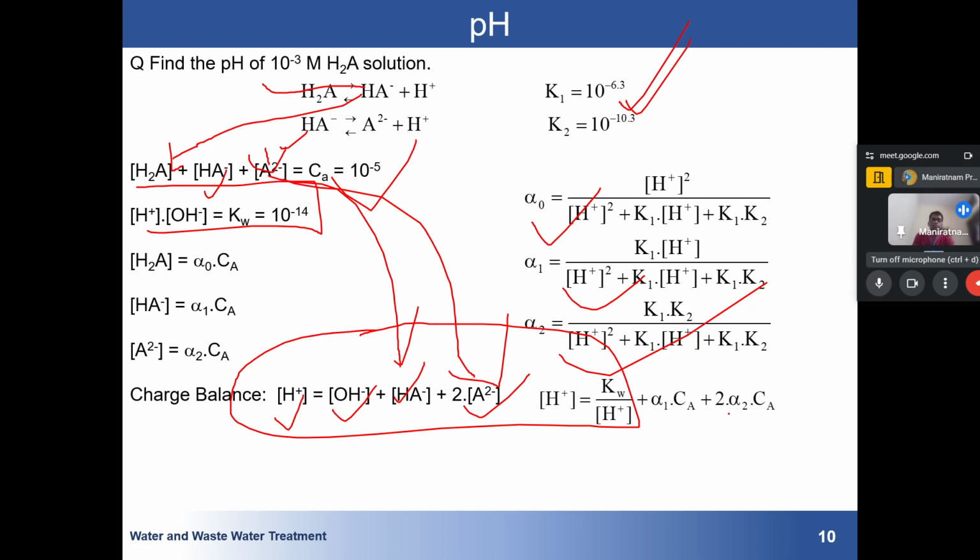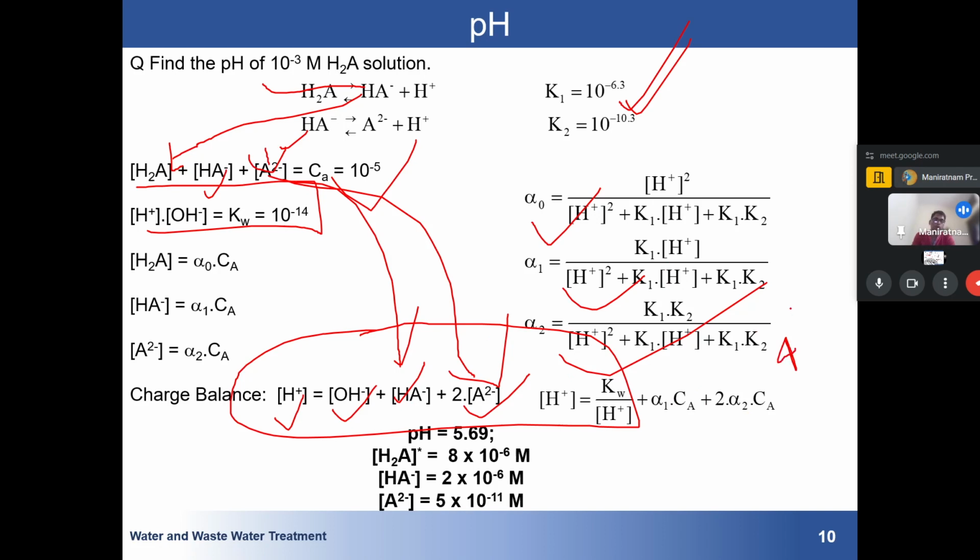Okay, and this H plus will now be given by K1 plus H plus alpha 1 Ca plus 2 alpha 2 Ca. And you know this alpha 1 and alpha 2, you can substitute them, and this will form a fourth order equation. Generally, with a normal calculator, a fourth order equation cannot be solved, so you have to use Excel.